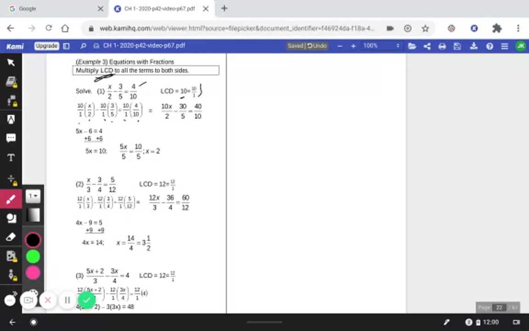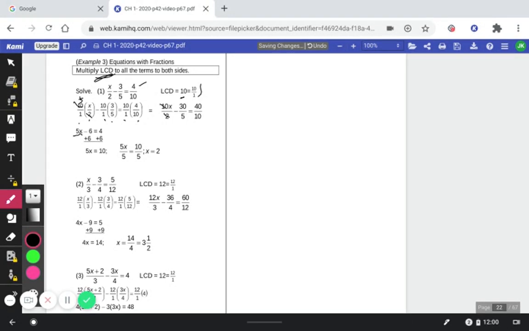The purpose being to multiply by the LCD. If you do that, 2 goes into 10 5 times, so you end up with 5x.